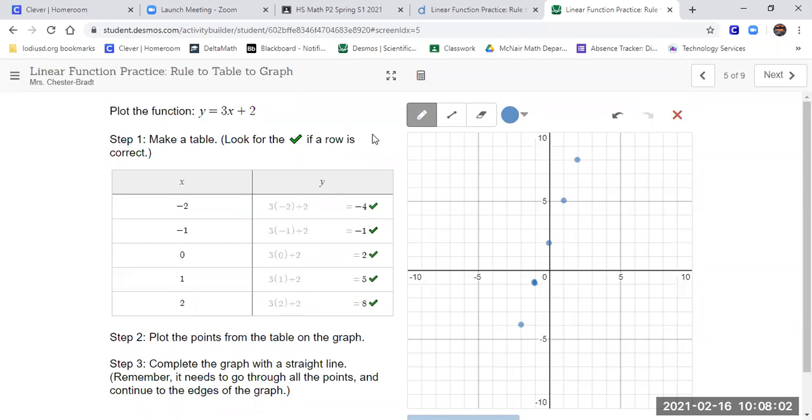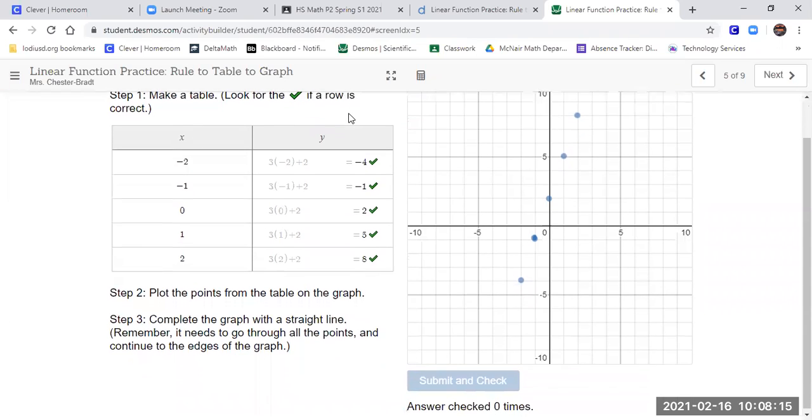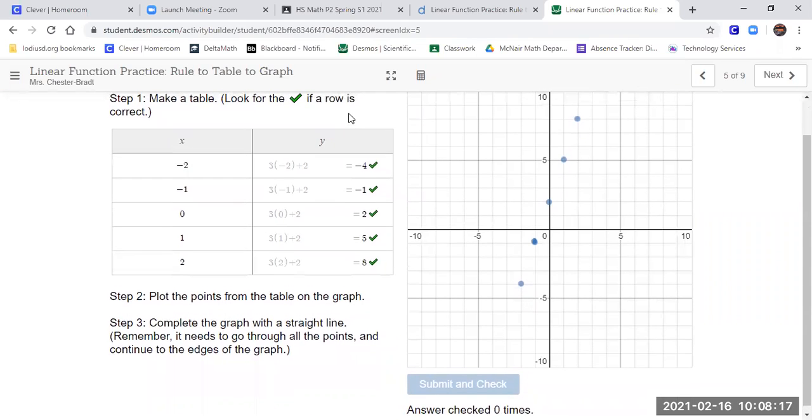That is the correct answer. It is correct that it's not proportional, but why? What made it not proportional? Didn't go through 0, 0.